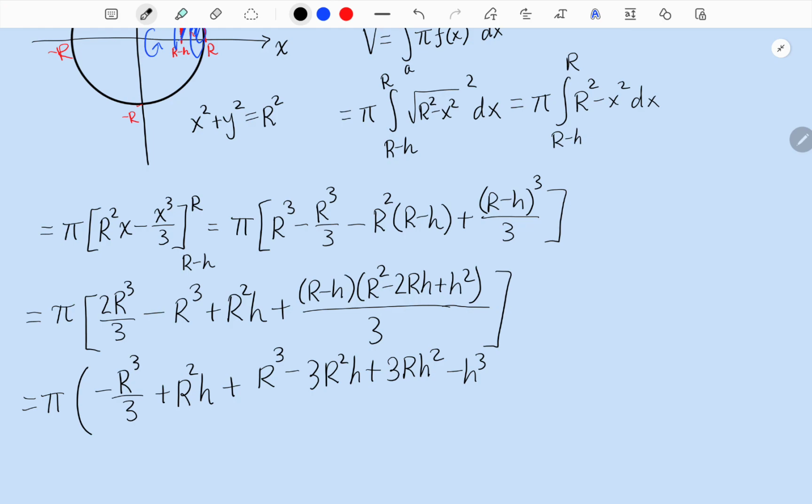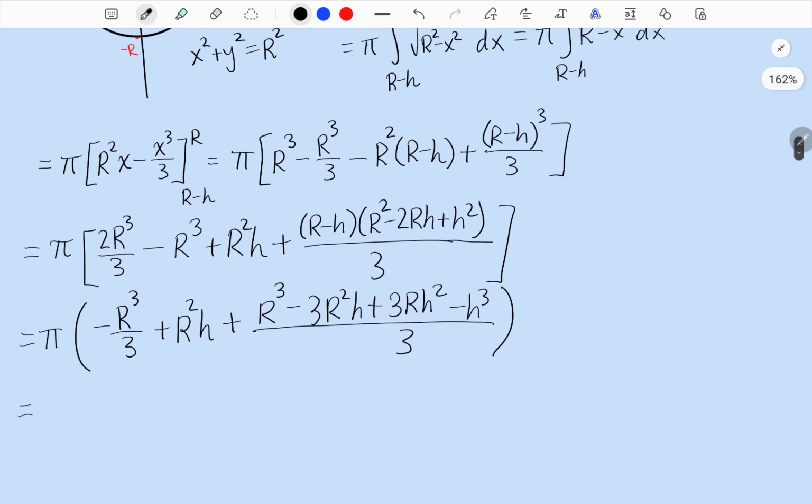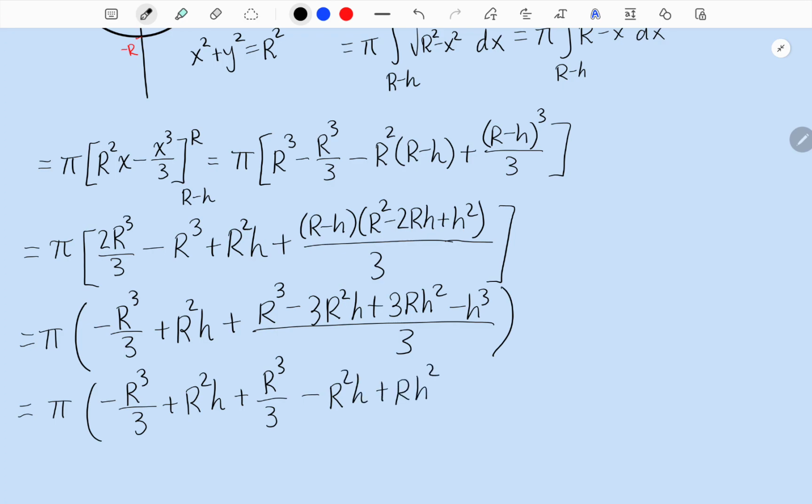So all of this is over 3, which means that each of these is going to be divided by 3. So this is going to equal pi times minus r cubed over 3 plus r squared h plus r cubed divided by 3 minus r squared h plus rh squared minus h cubed divided by 3.